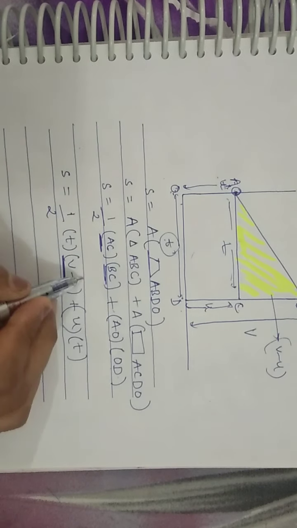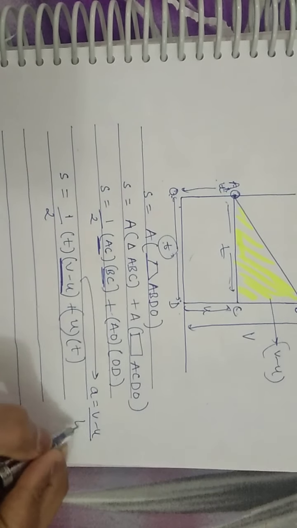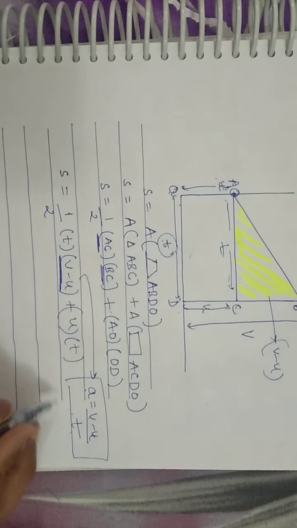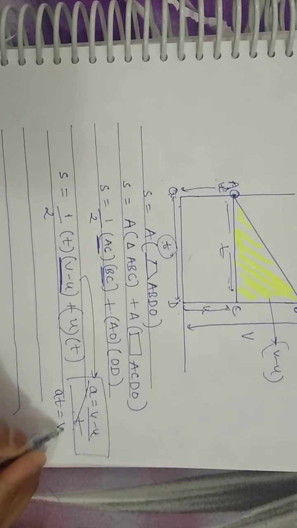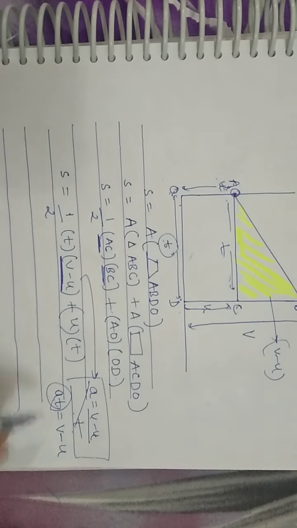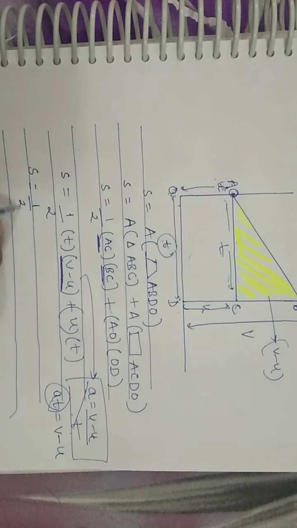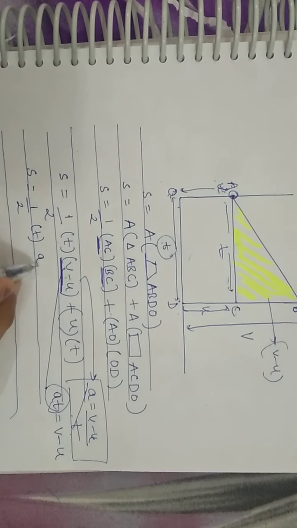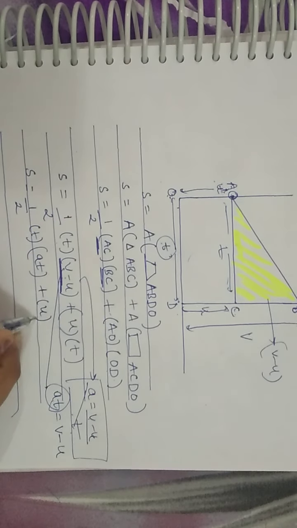Now can we write this V minus U is equal to AT? Of course we can, with the help of this formula, that is A is equal to V minus U upon T. We know this thing, that is the acceleration is equal to change in velocity upon time. So simply we can multiply this: AT is equal to V minus U. So can we write here AT? Of course. Simply writing it, S is equal to half T, here we can write AT, then plus UT.